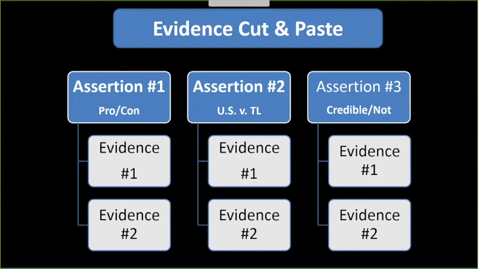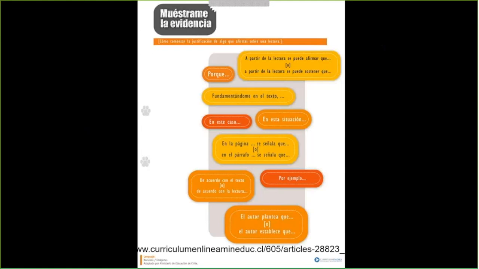And then assertions. Is this credible or not? So here's the assertion. Now you find me 3 pieces of evidence in the text that shows me that it's credible, or 3 pieces of evidence in the text that contradicts the assertion, or from another text that contradicts the assertion. These are, once again, sentence starters that get students thinking about the evidence.